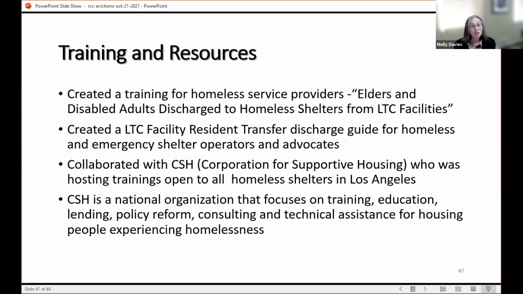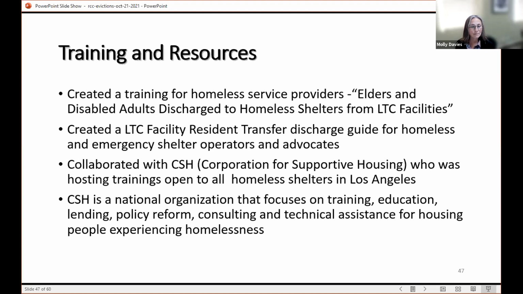The training was called Elders and Disabled Adults Just Discharged to Homeless Shelters from Long-Term Care Facilities, because we were covering both skilled nursing and residential care communities. We also created a long-term care facility transfer discharge guide for homeless and emergency shelter operators and advocates, which will also be shared with all of you, and you're welcome to use it and customize it for your state.